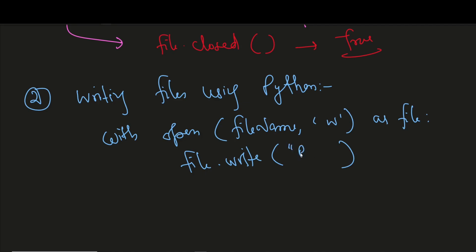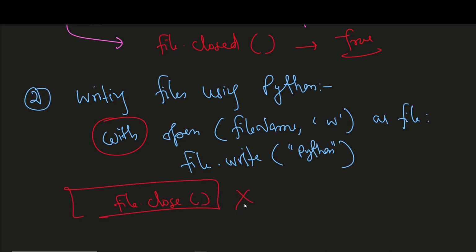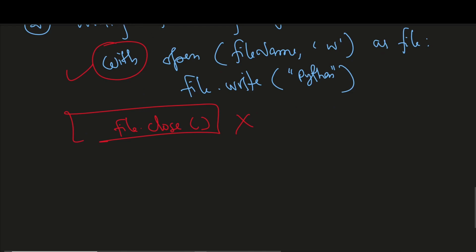Maybe I want to write Python, so you have to use something like this, right? You have to keep in mind, if you are using this without with, then you have to use the method file.close. But in this case we don't need this because we are using with. Clear? So this was about writing files.